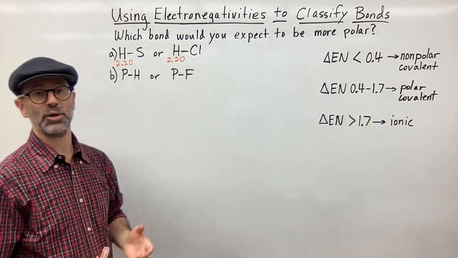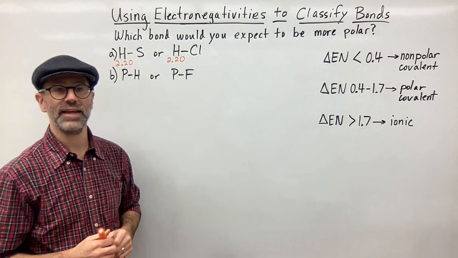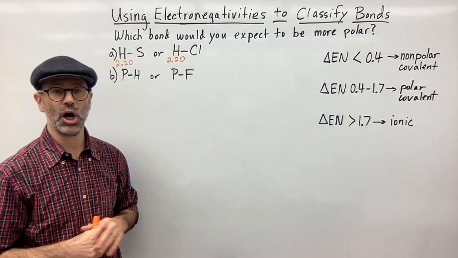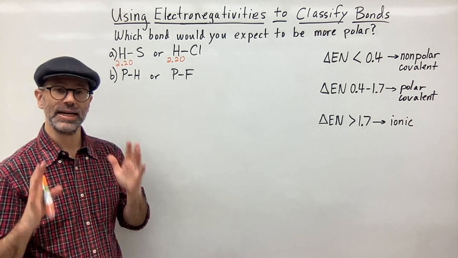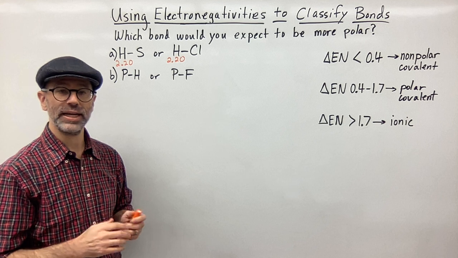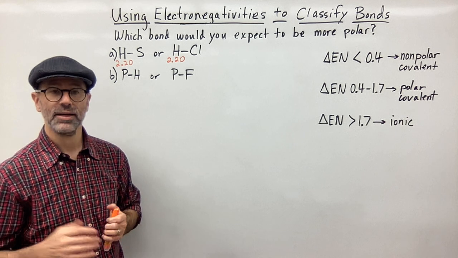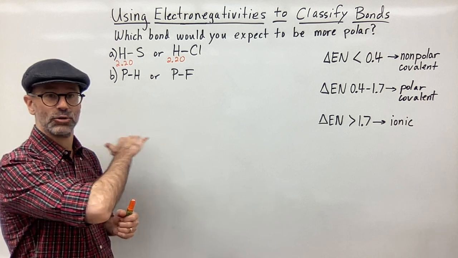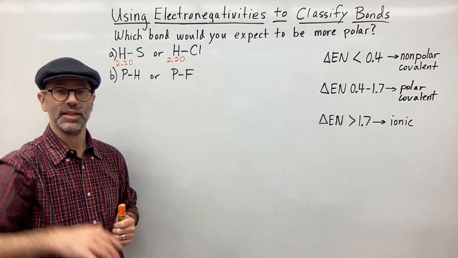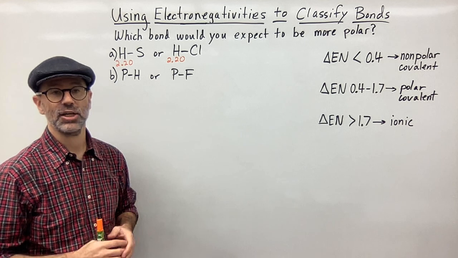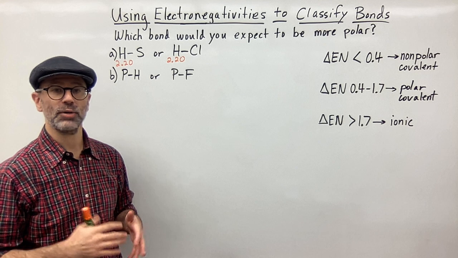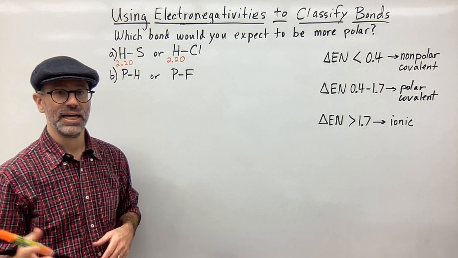Now, if you look at your periodic table, you'll see that both sulfur and chlorine are in the same period. They're right next to each other, but chlorine is farther to the right. So we know that if you go from left to right in the period, the electronegativity increases. So we would expect that chlorine would have a higher electronegativity than sulfur.